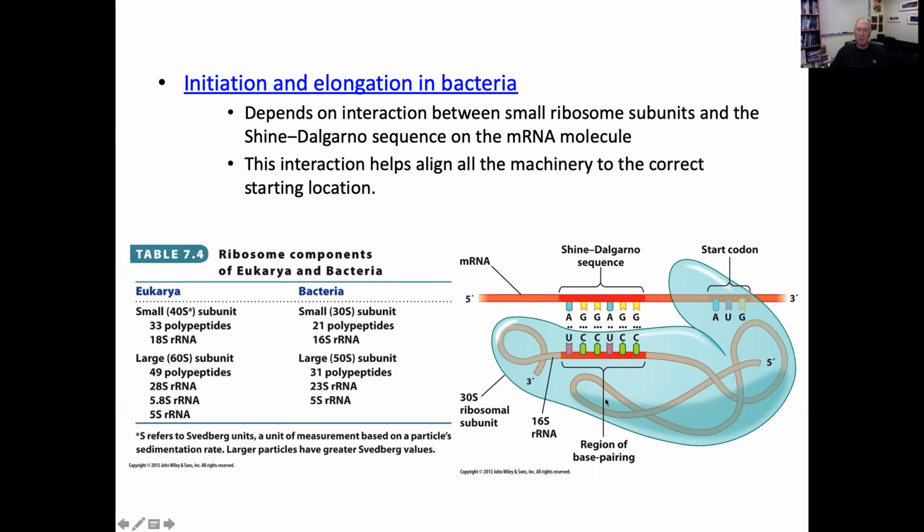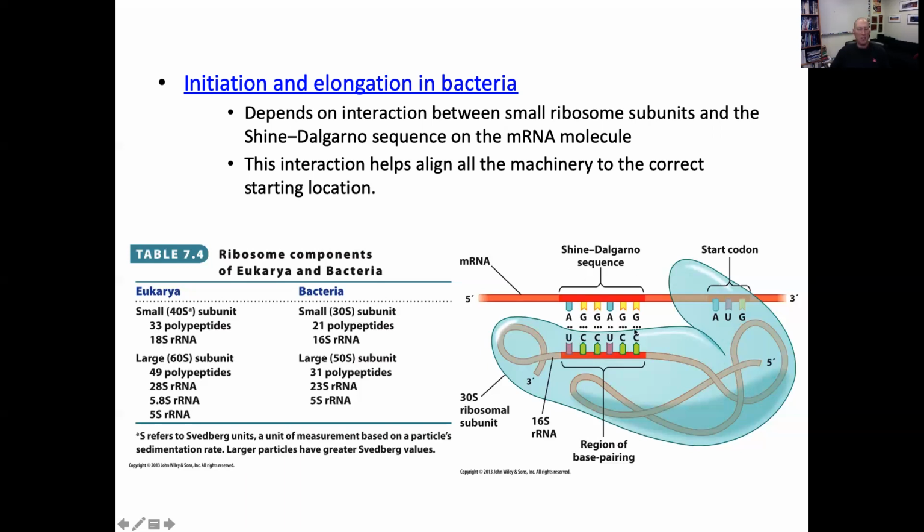So this is positioning the messenger RNA on the ribosome so that the start codon, which is a methionine codon, is going to be in the right position on the ribosome. So most, not all, but most polypeptides are going to start with a methionine codon, this AUG codon, right? So we also refer to this as the start codon.